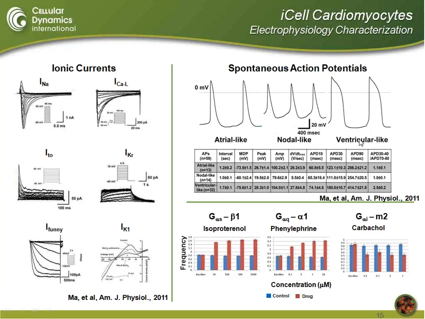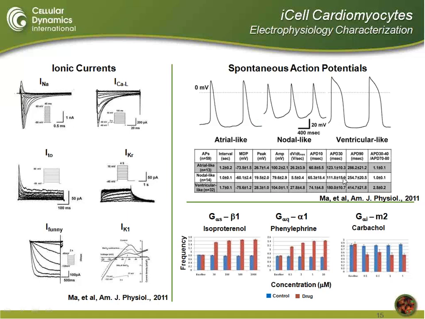Now, as we saw in some of the protein staining, we do have a mixed population of different cardiac subtypes, and we saw the same thing when we did the electrophysiological characterization. What we saw were the ventricular cells made up approximately half of the population, with the remaining cells being split between the atrial and nodal-like.